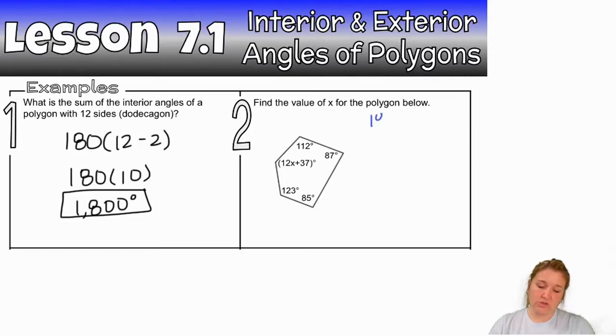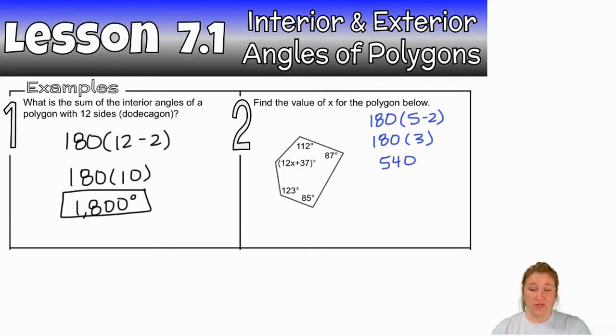So I'm going to have 180 times 5 minus 2. Always subtract 2. That 2 stays there. So that would be 180 times 3. So we're going to have 540 degrees. So all of those inside are going to add up to be 540.